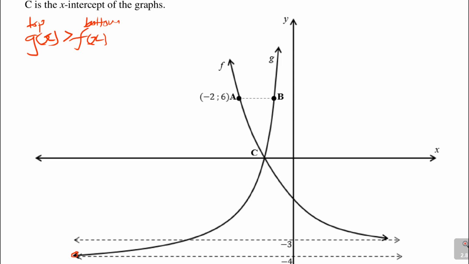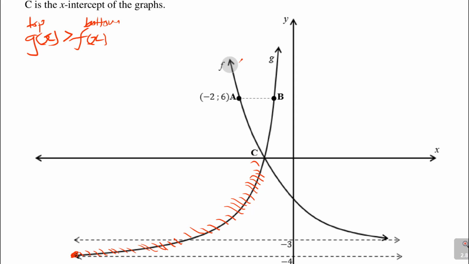When I start from there, you can see that the graph of g of x is not at the top, it's at the bottom, because the graph of f is the one that is at the top. It is at the bottom. It's only this one that is at the top. You understand? But now look at this point.